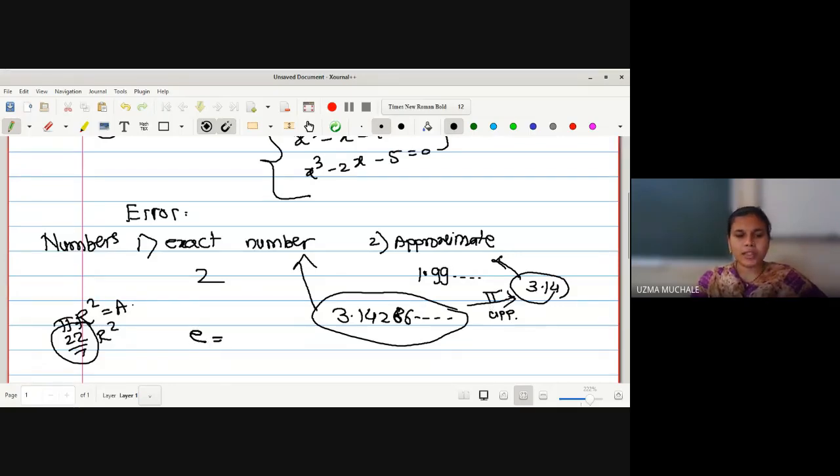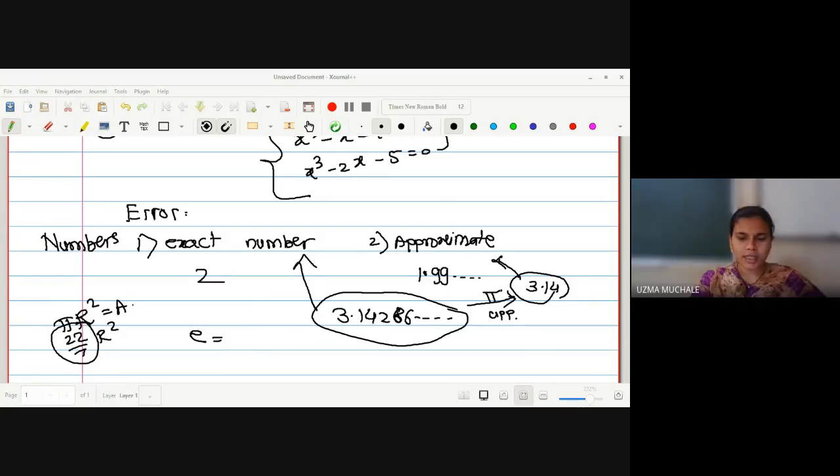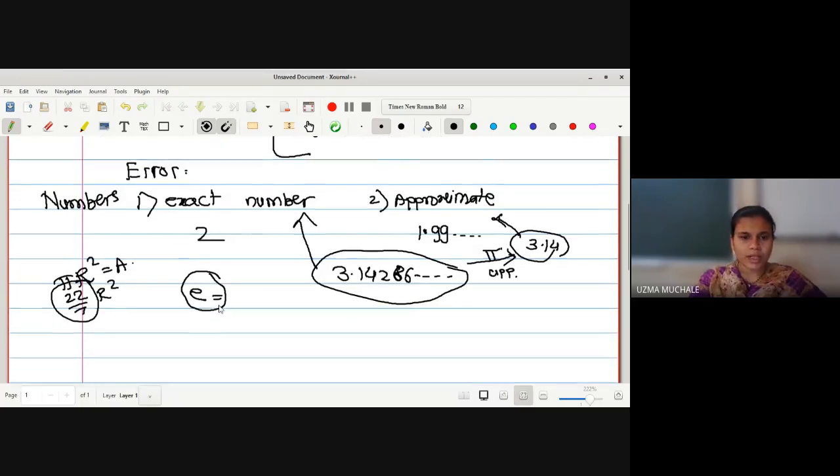Similarly, we can have an approximate value of E. What is E? Can anyone remember the value of E? It's 1 point something. It is somewhere in between 1 and 2. So there also we can have an approximate value of E. And what are exact numbers?